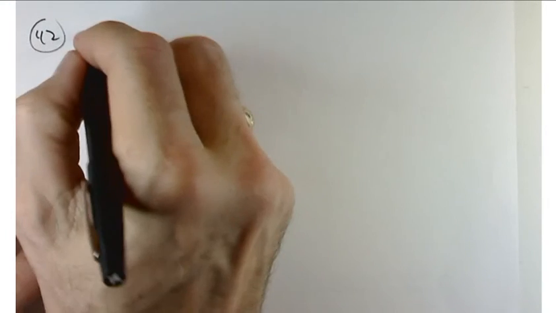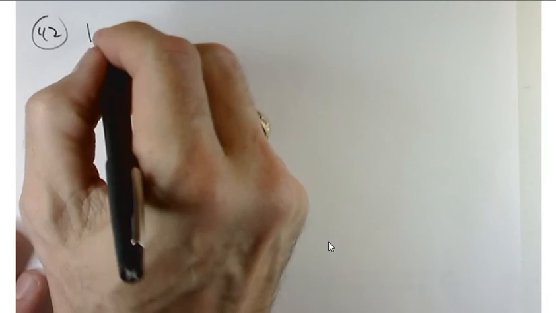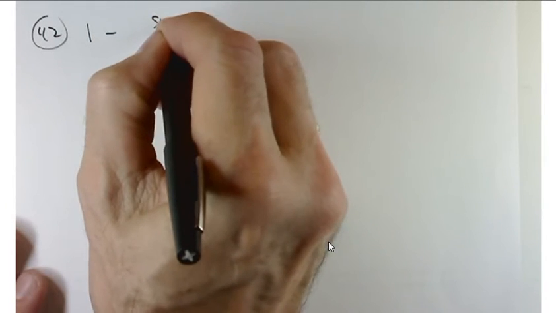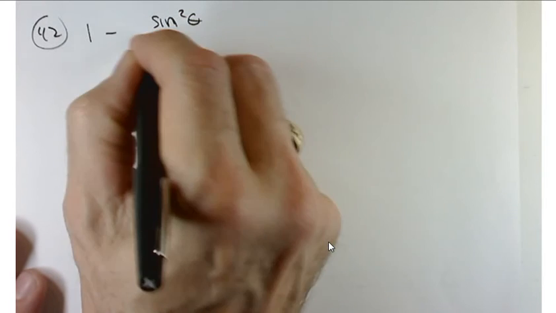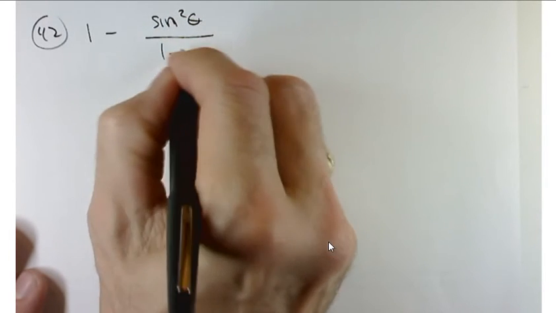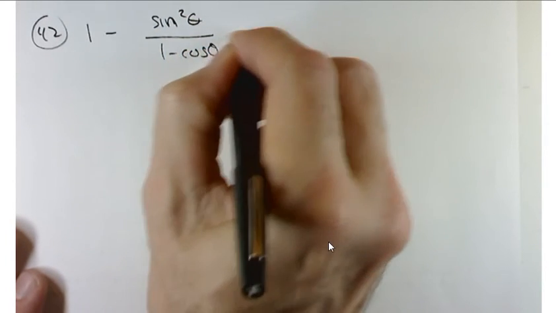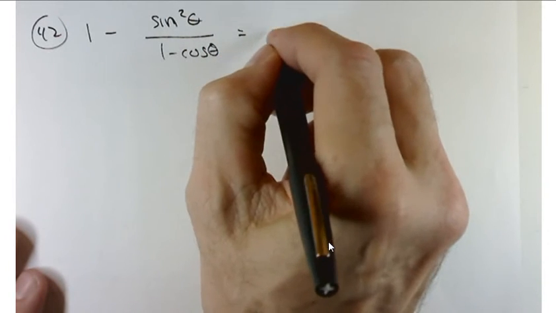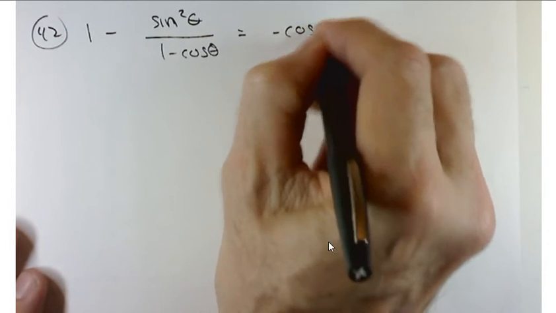And I'll do it 2 different ways. So the first approach, we got 1 minus sine squared of theta over 1 minus cosine of theta. And somehow or another, this is going to equal minus cosine of theta.